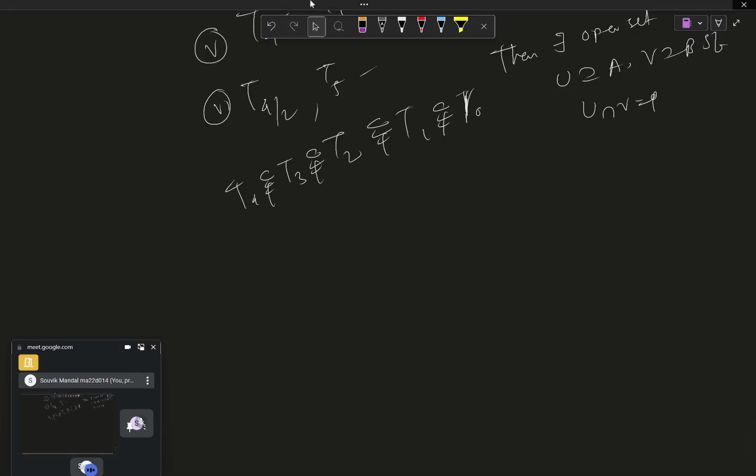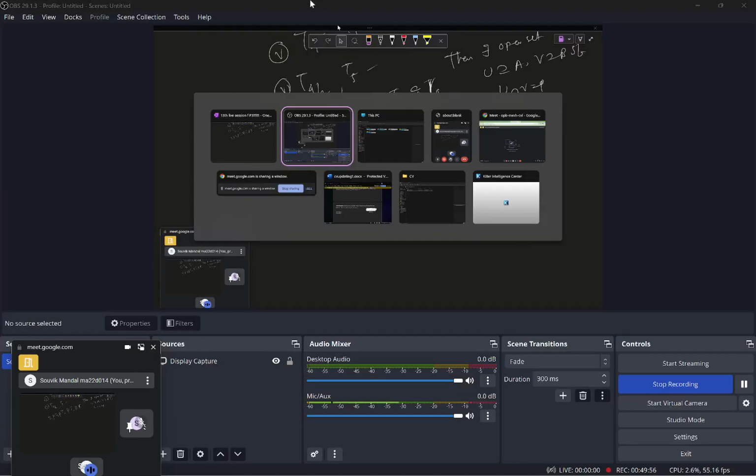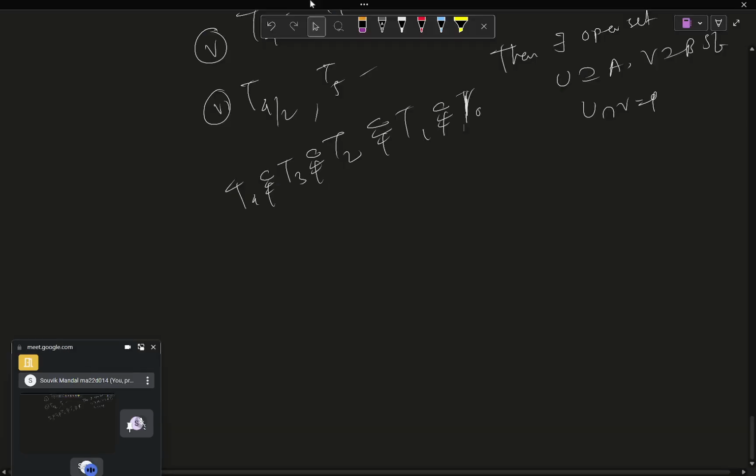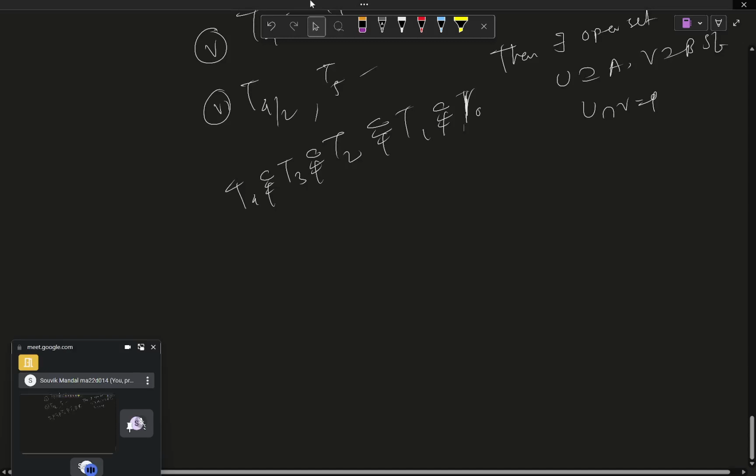The properness can be shown by checking some counterexamples which we have already seen in the live sessions, so we're not going to check those.